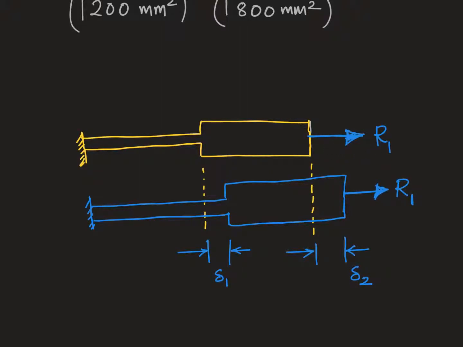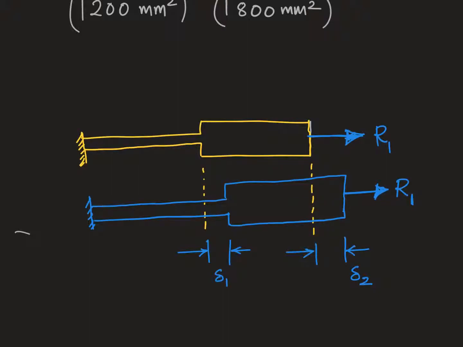It is actually a reaction force, but for this problem R1 can be treated as external. Two things can cause deformations in this system of bars. The first is thermal, which will cause elongation. The external force can also cause elongation.